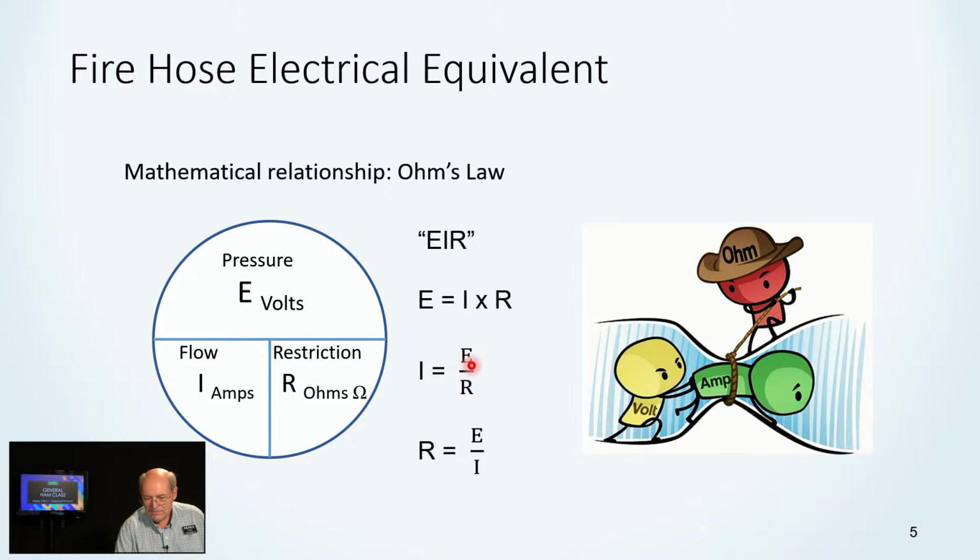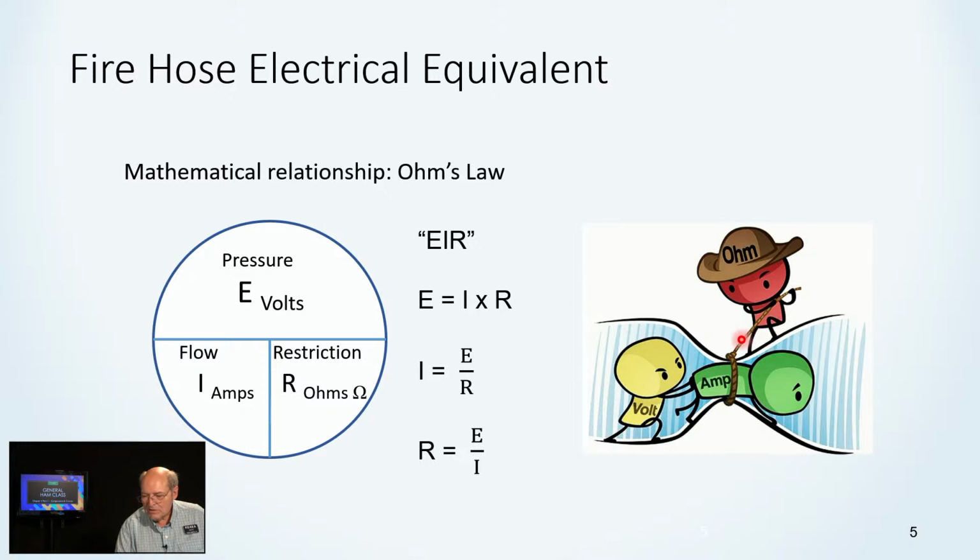Shows up here. And here's a picture that I find amusing but instructive as well. So here we've got the volt person trying to push current through the pipe. The current that he manages to push through the pipe is I, or amps, and any resistance in the pipe, measured in ohms, restricts that flow and makes this a lot harder for all involved.